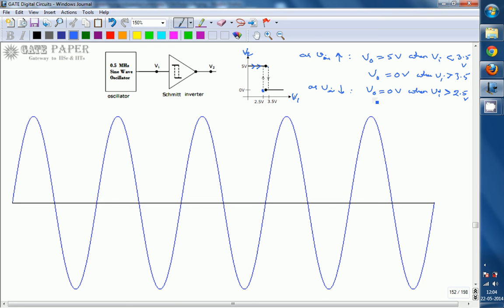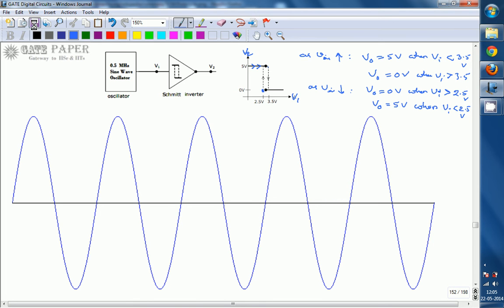If Vi is less than 2.5 volts, V0 will go to 5 volts. This is the characteristic of the Schmitt inverter. So we must identify 3.5 volts when the input signal is increasing, and 2.5 volts when the input signal is decreasing.